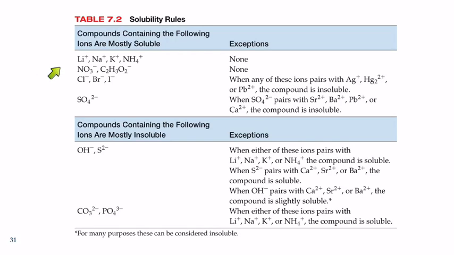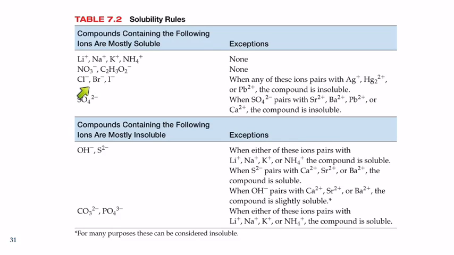So we have two groups. If a compound has one of these ions, these are mostly soluble, usually soluble, and then we list the exceptions. For lithium, sodium, potassium, those are group 1A metals, and ammonium, there are no exceptions. Nitrate and acetate compounds are soluble, no exceptions.